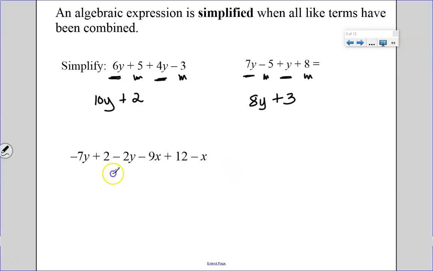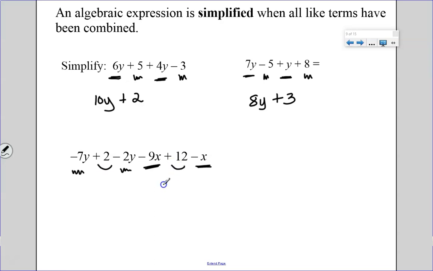Now in this one, you have lots of different variables. So if you have more than one variable, as well as putting the variables first and the constant second, you want to put them in alphabetical order if possible. So starting out, it looks like I would have these terms that have x. Next, I would have these terms that have y. And lastly, I can combine these terms that are constant.